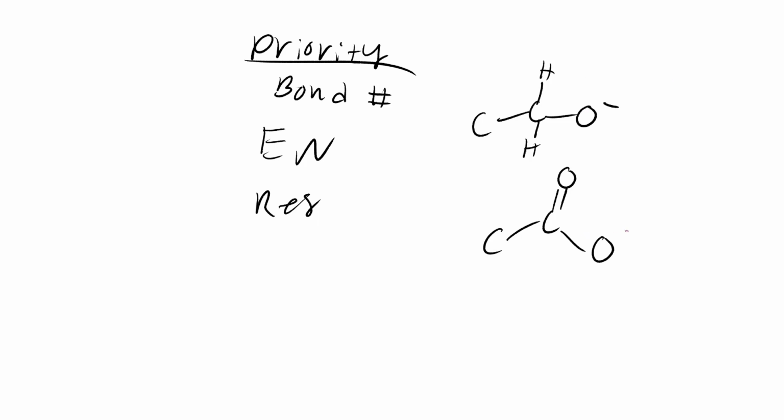So let's count out the bonds. Let's see, 1, 2, 3, and 4 bonds. 1, 2, 3, and 4 bonds. So the bond numbers are pretty bad. They're both oxygens, so the electronegativity is pretty bad too. We can't use that, but we can use resonance. And because we can make a resonance structure, we're going to be more acidic, we're going to be more stable, and thus we're going to have a lower pKa value. Alright?